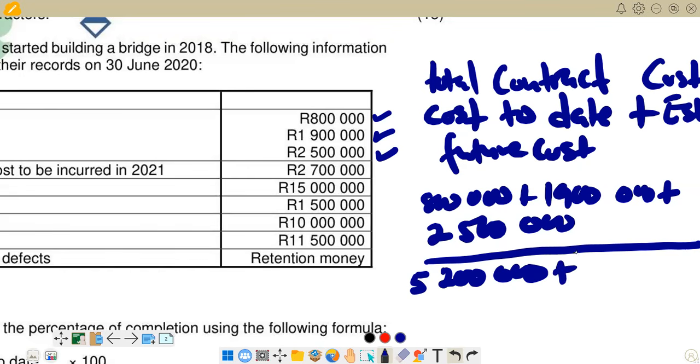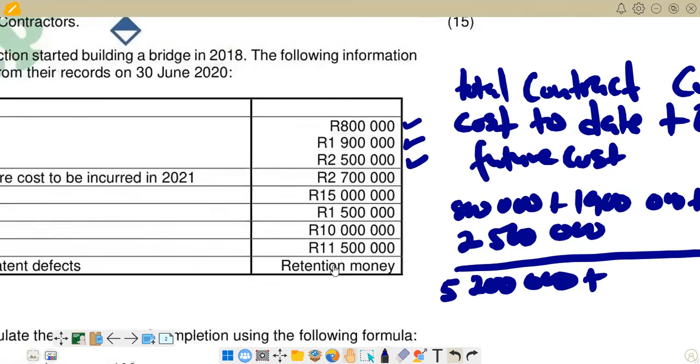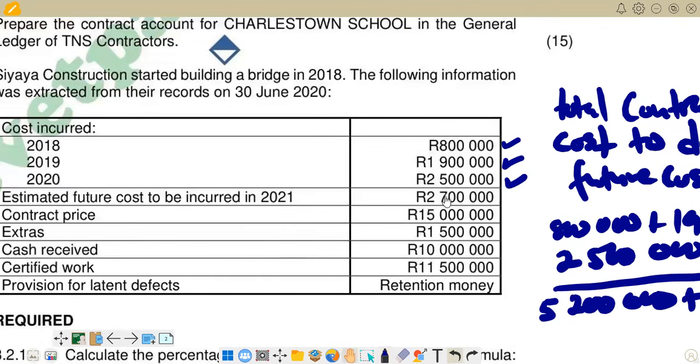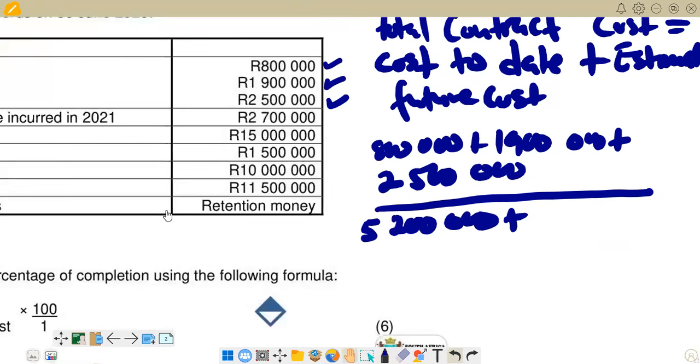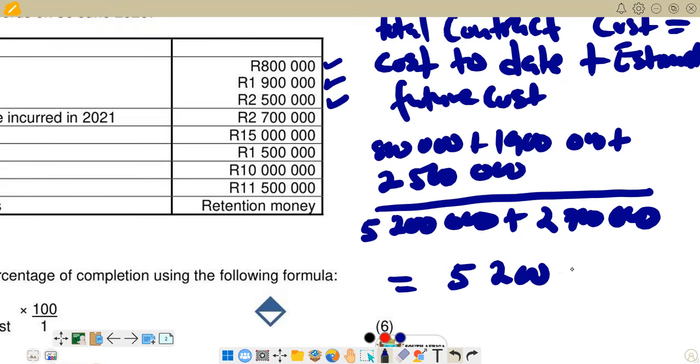The estimated future cost, we can check in the question here, is given as 2,700,000. So 5,200,000 plus 2,700,000 to get the total contract cost, you are supposed to get 7,900,000.